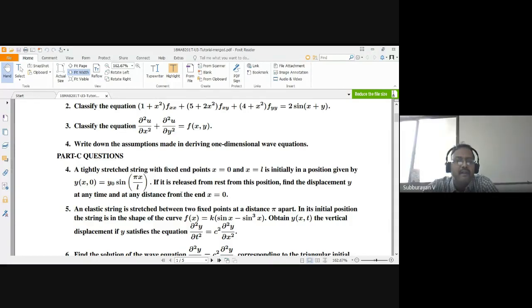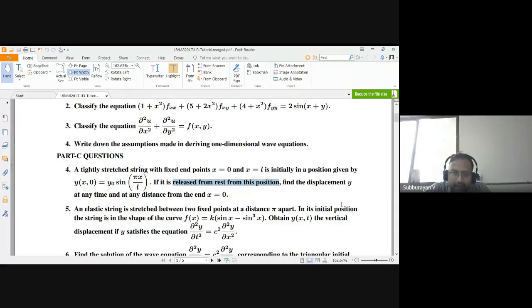See, this is a physical problem. Please note that if it is released from rest from this position, it means initially the string is in a rest position. That means there is no velocity profile acting on the string.